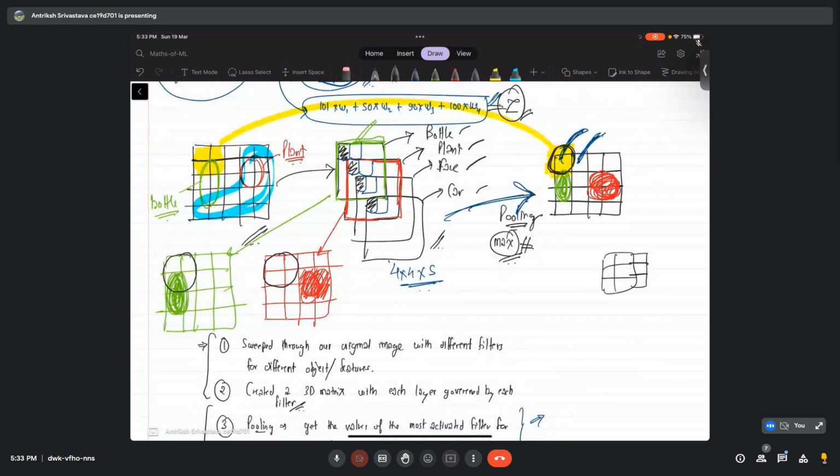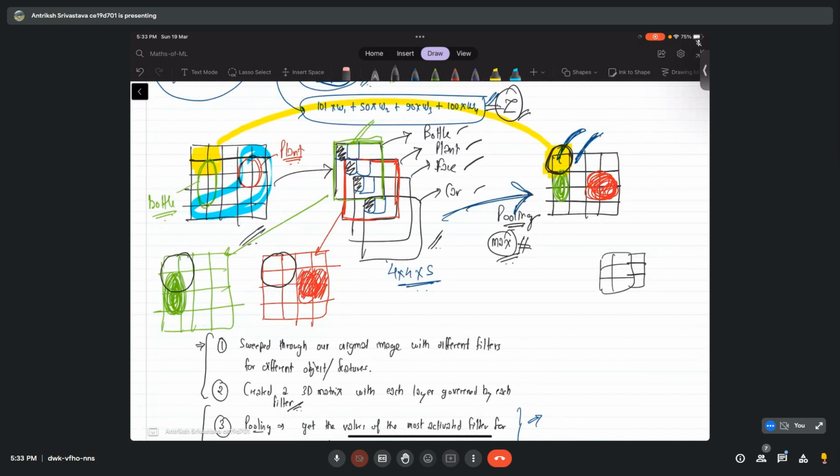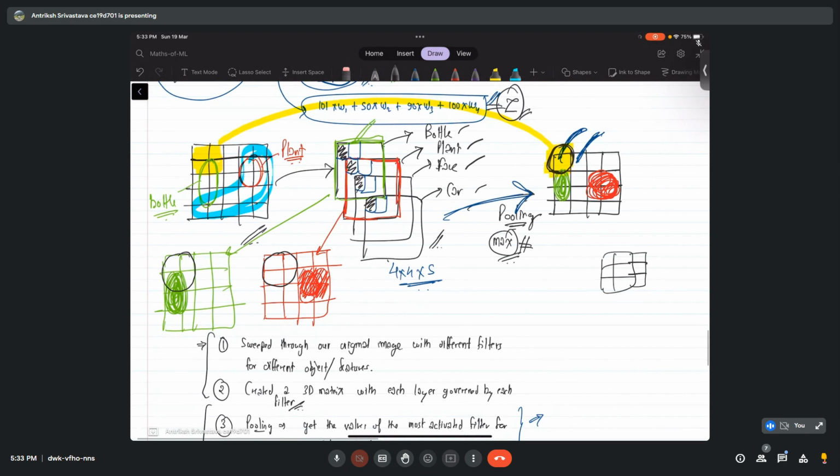So it is 4 by 4, but you say that you don't want the maximum value of a single pixel assigned to this, but the maximum value among these four pixels from these five filters, and based on that I want to give. So what will happen? Let's just see.